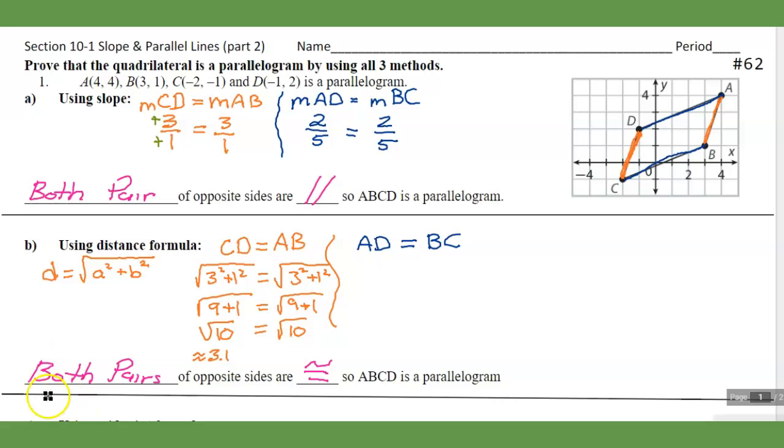Right, and of course, it is both pairs, so we have to do this twice. So we got to do from here up to and over 5, right? So the same numbers. 2 and 5 are the A and B. So we'll do 2 squared plus 5 squared, which is 4 plus 25, which is square root of 29.